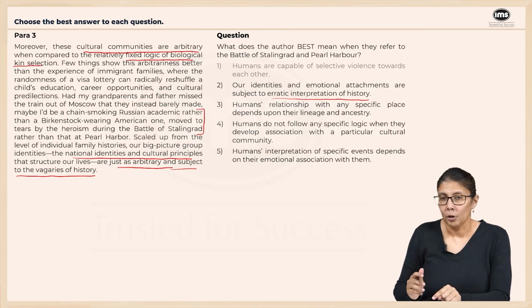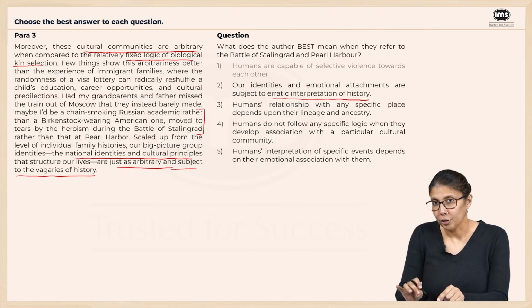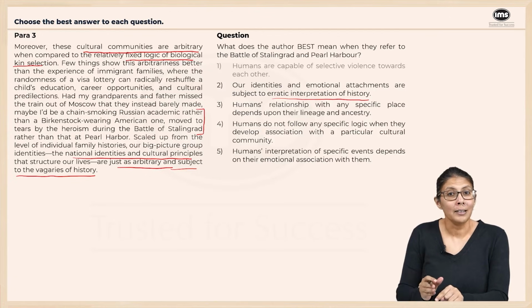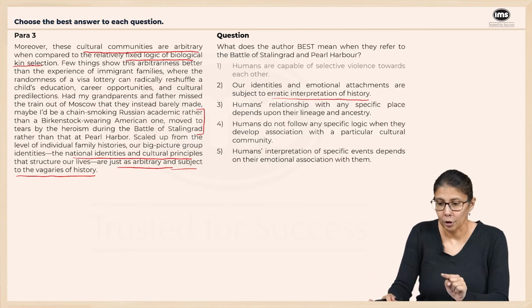We are talking about how we form these identities. So yes, the words are all correct, but option 2 has a distortion. Our identities and attachments are not subject to historical interpretation. They are subject to historical events. So option 2 is not our answer.